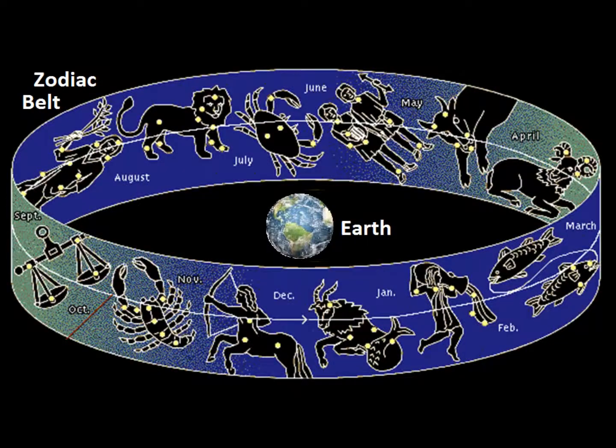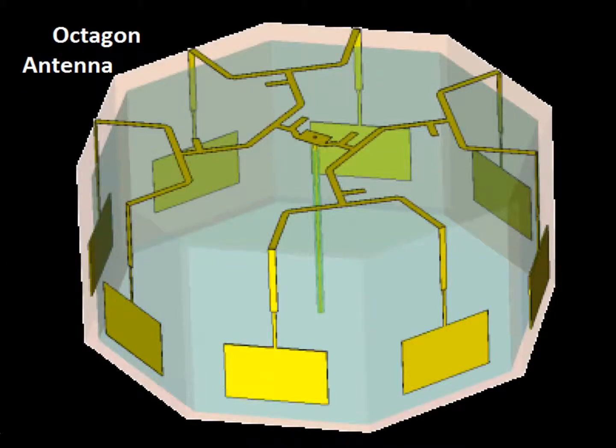The resemblances to technology include the individual constellations, which are like radios.